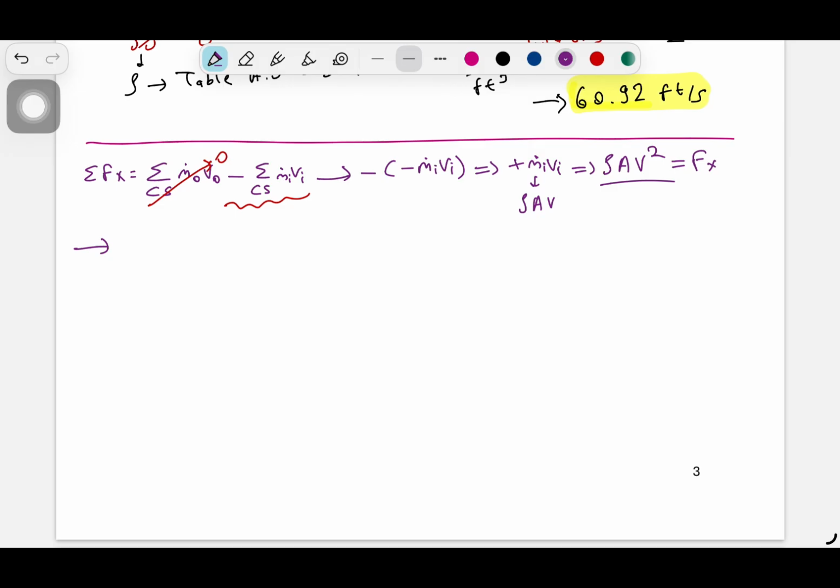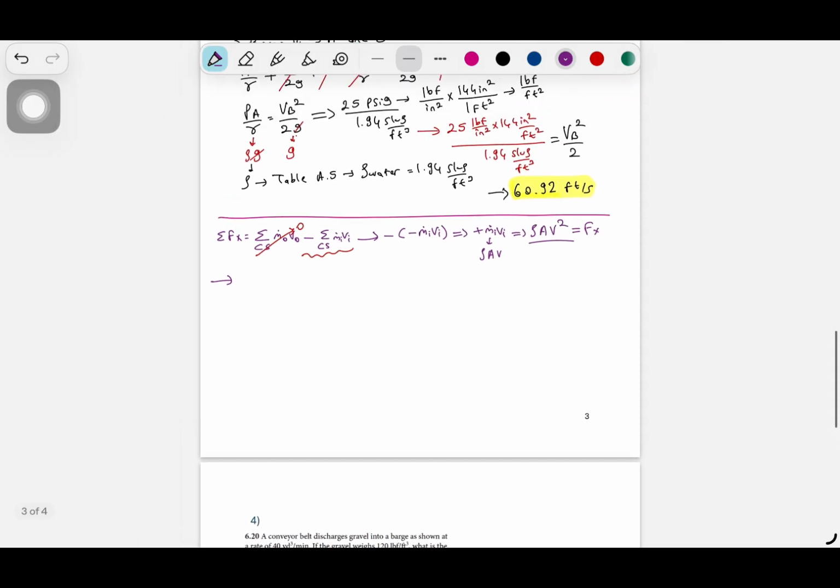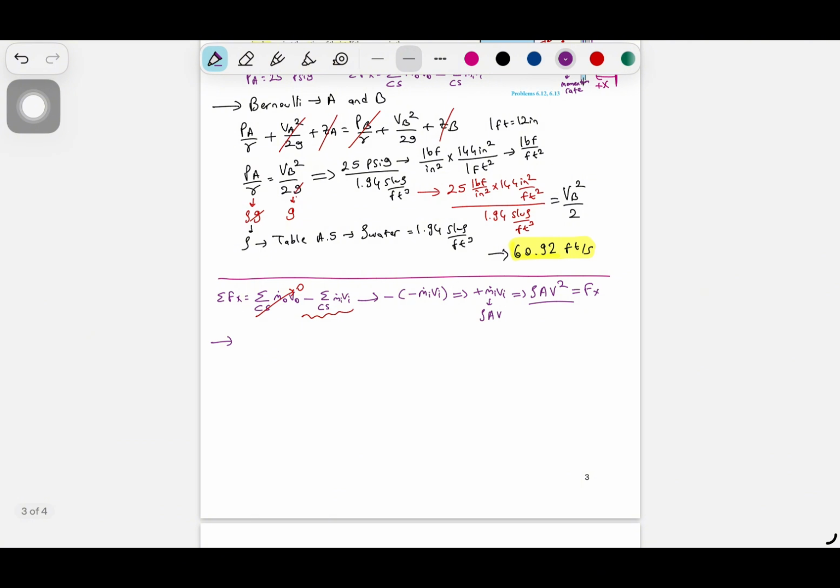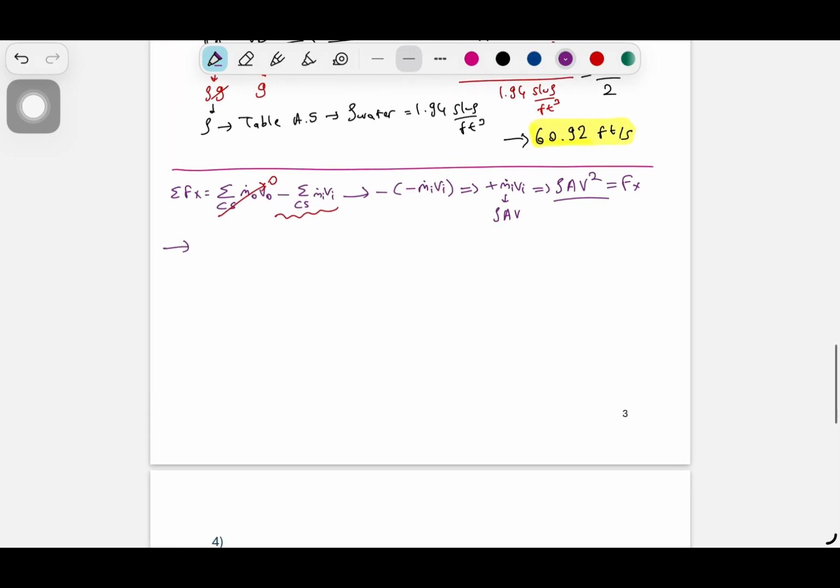So here, since we need to find diameter, we can leave the area alone, which is this value. So we have area is equal to Fx over rho V squared.